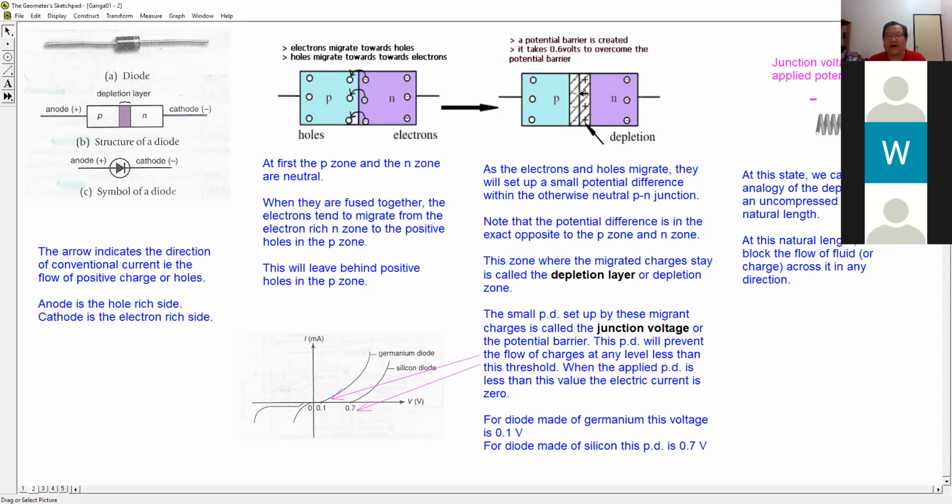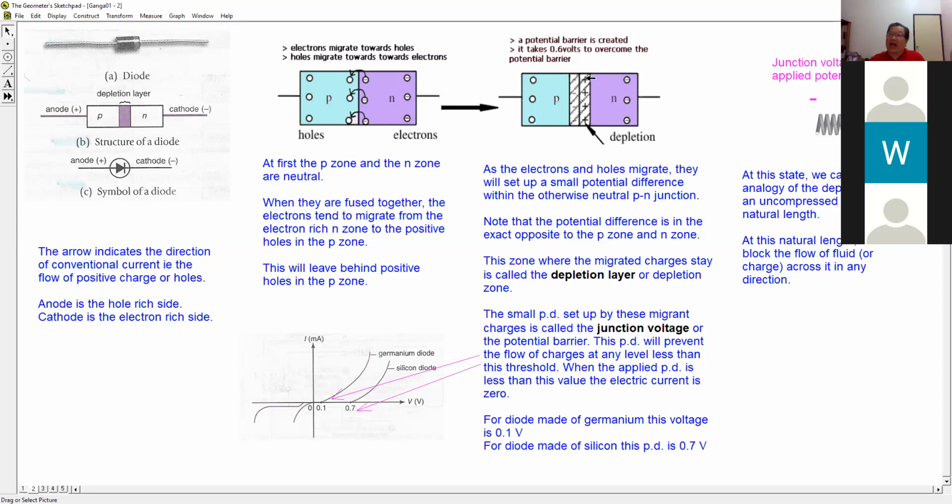Now, however, this migration of charge from the P type to the N side and from the N side to the P side will set up a potential difference within the diode itself. Because there's a positive side here and a negative side here, there will be a small potential difference in its natural, undisturbed state.